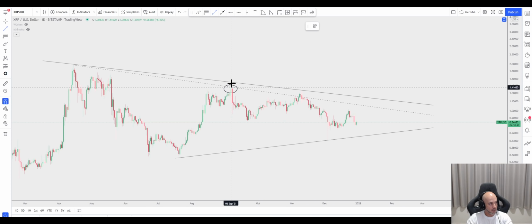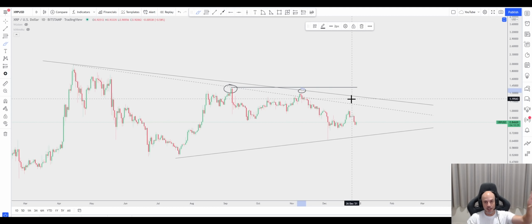So what I'm talking about here, this. As you can see, this guy right here is above this little guy here, which means the previous one is the higher high. The next one is a lower high, okay?